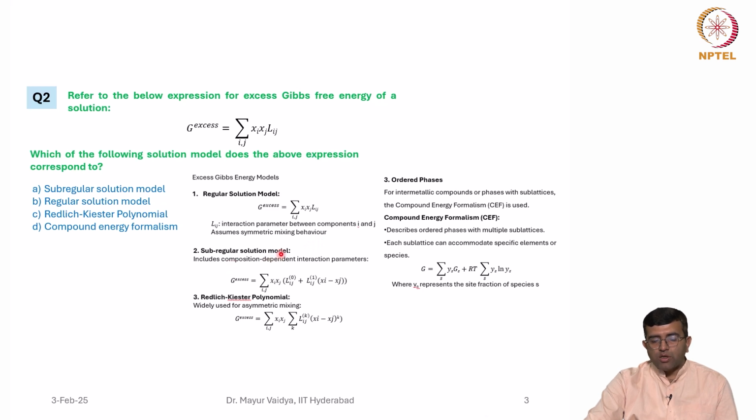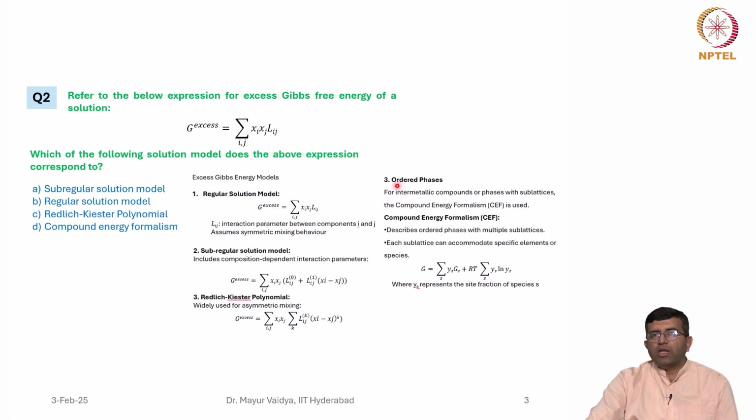Then the subregular solution model considers the variation of these interaction parameters with composition. So here it is written as xi xj times lij 0 plus lij 1 multiplied by xi minus xj. Then one of the models which is widely used for asymmetric mixing is the Redlich-Kister polynomial, which is summation of xi xj summation lij (xi minus xj) to the power k.